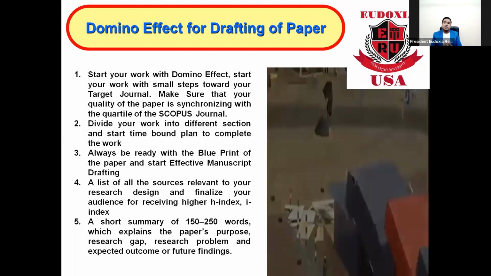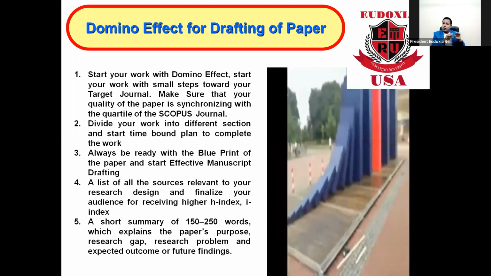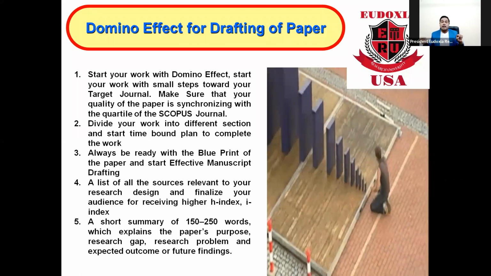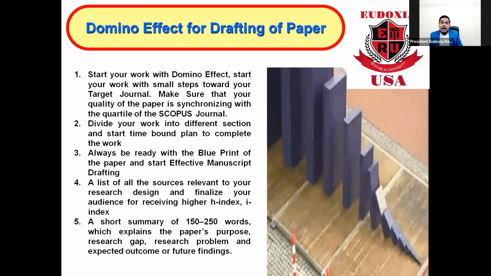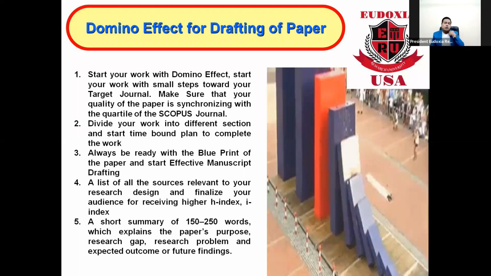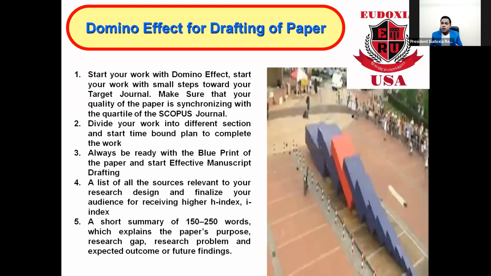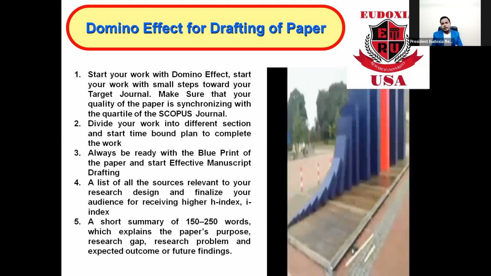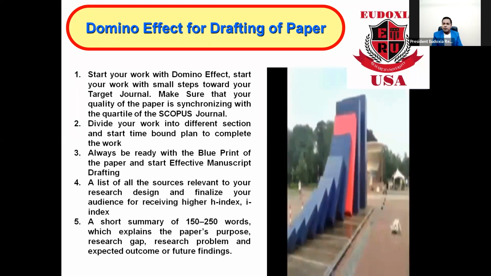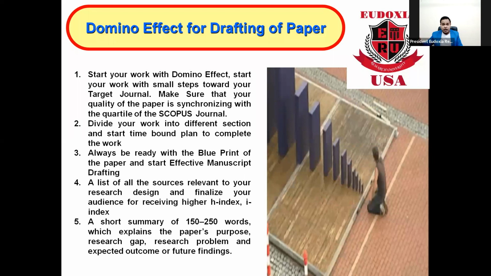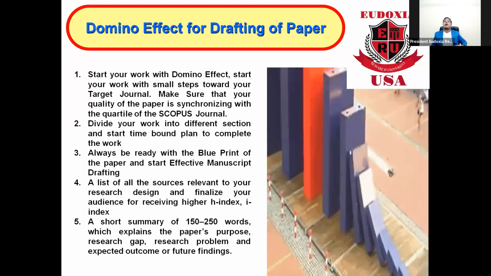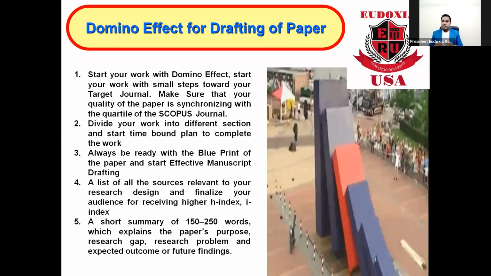So make sure that the quality of your paper synchronizes with the quartile of the Scopus journal you are selecting, maybe Q2, Q3, or Q4, whatever it is. You need to be conscious that my paper is for this quartile, and for that purpose, you have to review more and more papers, that is, the past issues of the journal.